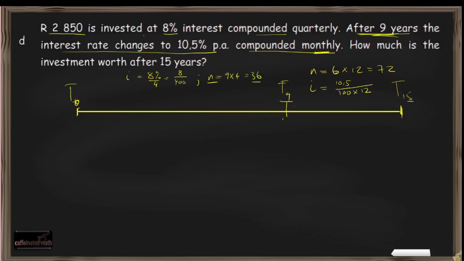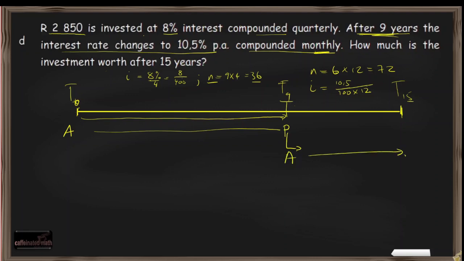Now remember, from T0 to T9, our A value becomes a new P value. This P then becomes the new A value for that, which is why we can write this as such.